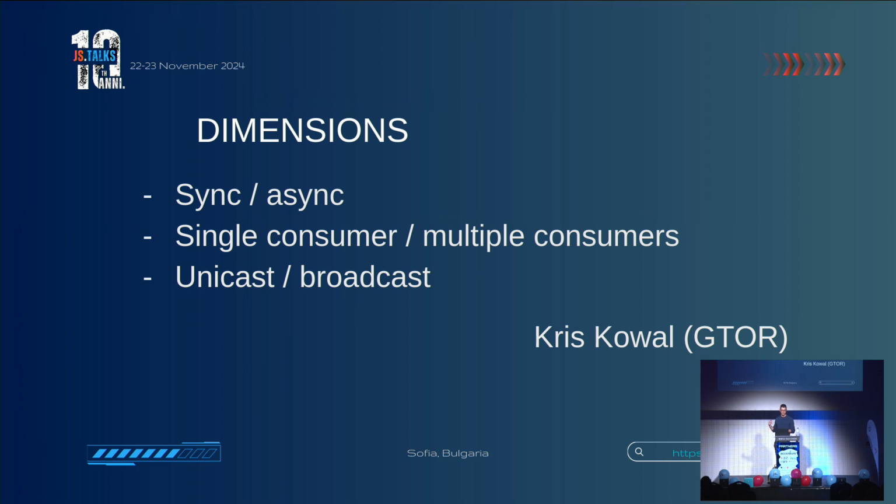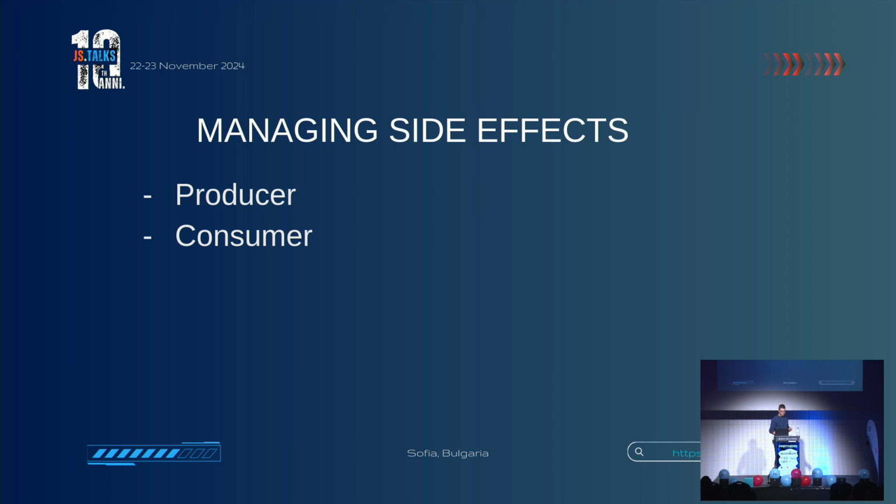What we've taken away from his work is that we've come to the same realization. In our products, we use this multiple consumer method and the broadcast behavior when talking about observables. Zooming out even more, we can think about side effects as just having a producer and a consumer. Somewhere in your application, data gets produced. Somewhere in your application, data gets consumed.